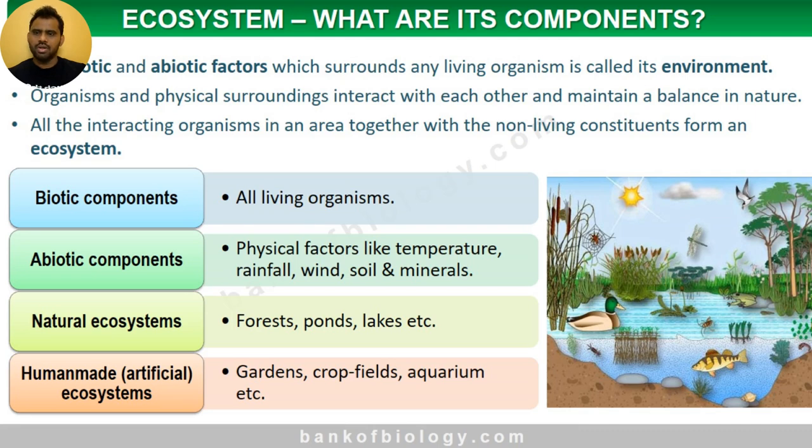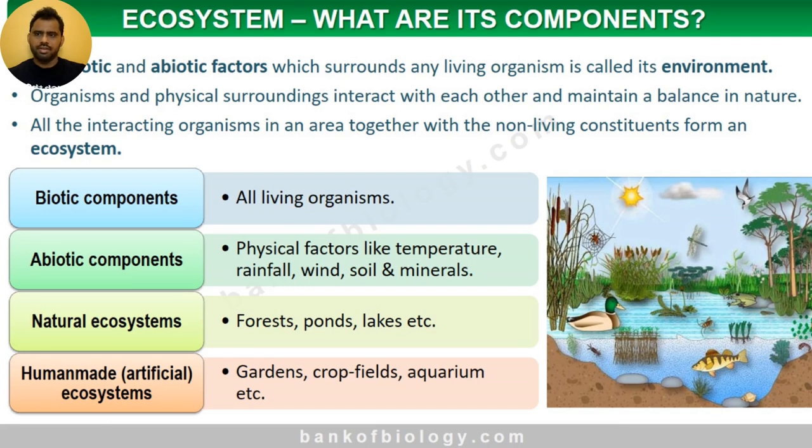Biotic means all living organisms, like us, like the plants, like the fish, like the bird, like the swan, the insects, all these examples. Everything that has life is a biotic component. Abiotic components are the physical factors like temperature, rainfall, wind, soil, minerals, etc.